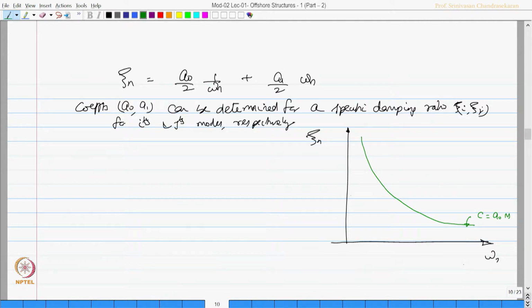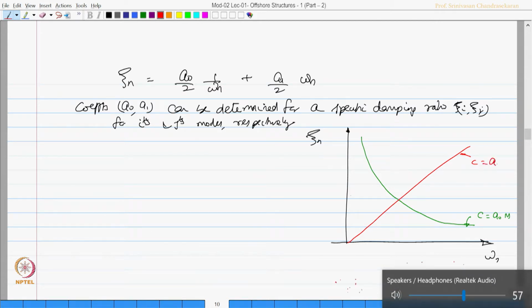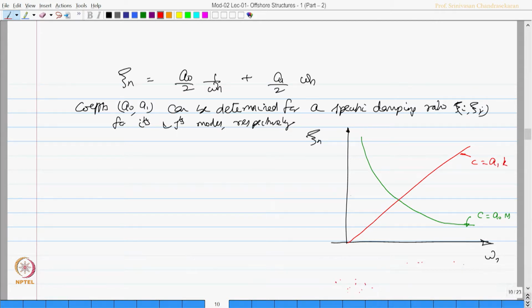Whereas the stiffness proportional damping is directly proportional to omega n; in this case C is A1 k. Rayleigh gave a combination of these two. It says let it be a combination of mass proportional and stiffness proportional. This is Rayleigh damping.